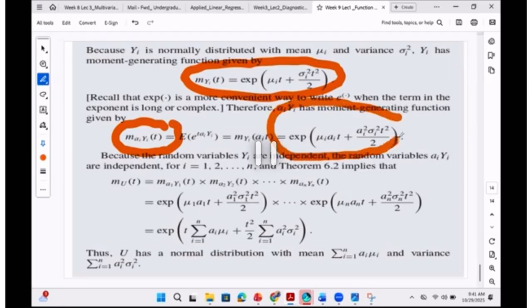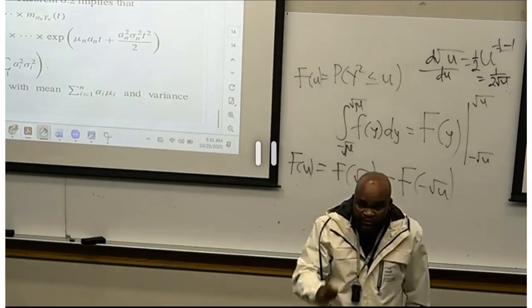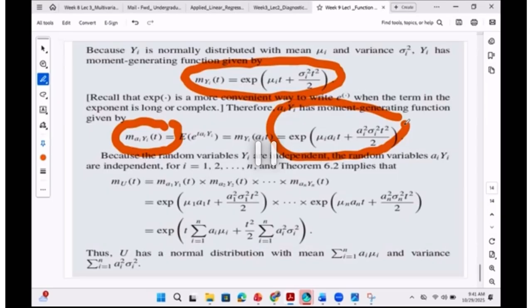Look at the difference between the two. The other one is just mu i t plus sigma i squared t squared over 2. That is just for a particular Y. But what about the one for the linear combination, like aiYi?